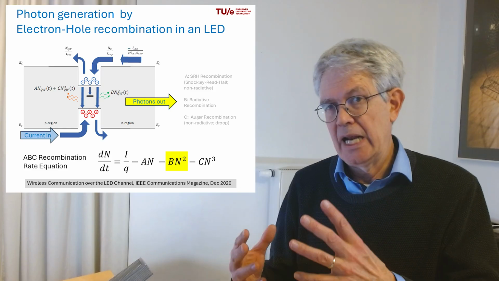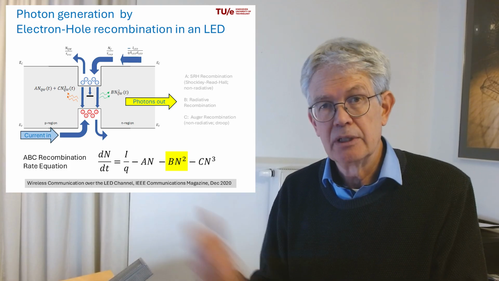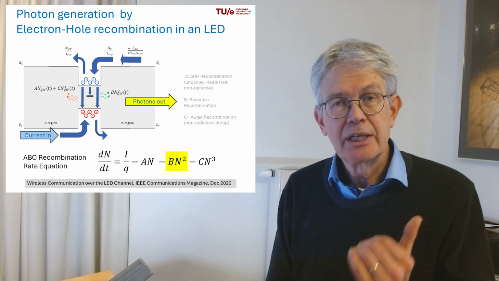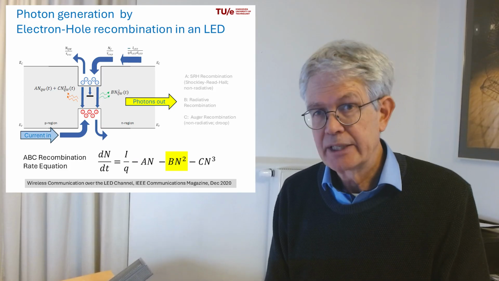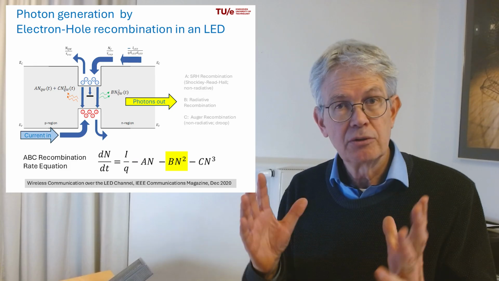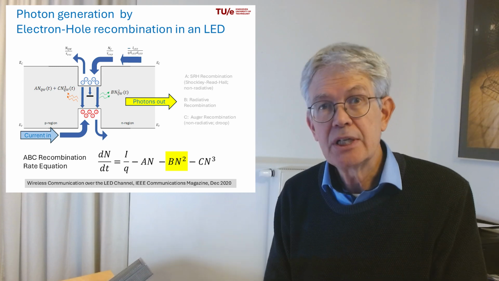Almost for every electron, we create an electron-hole pair in the quantum well. So we divide the current I divided by q to get the number of electrons that come in.